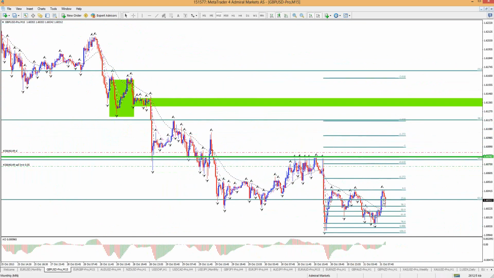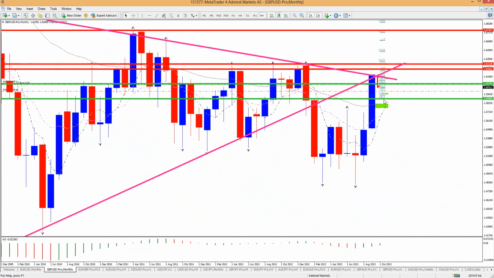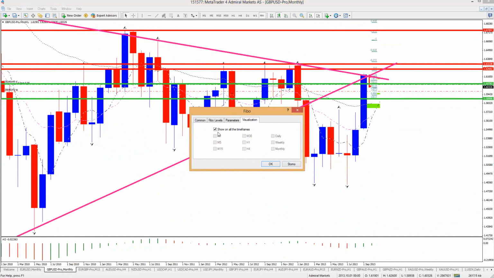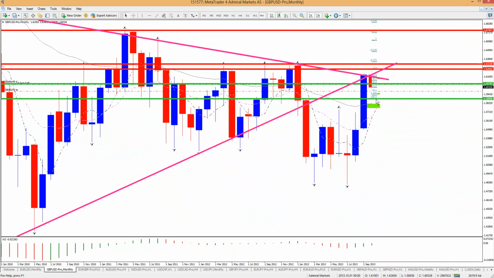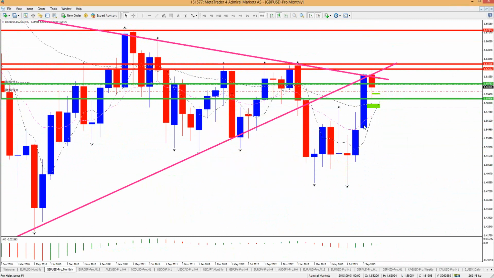We can take a look at the pound dollar, for example, the monthly. How does that look like? September was usually bullish.